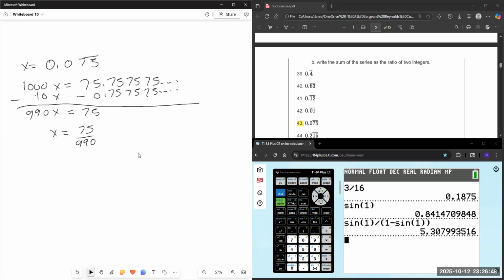And then we can reduce the fraction here. 5 goes into 75 15 times, and 990 divided by 5 is 198, and then this is divisible by 3, giving 5 over 66, and there we go. There's our final answer.